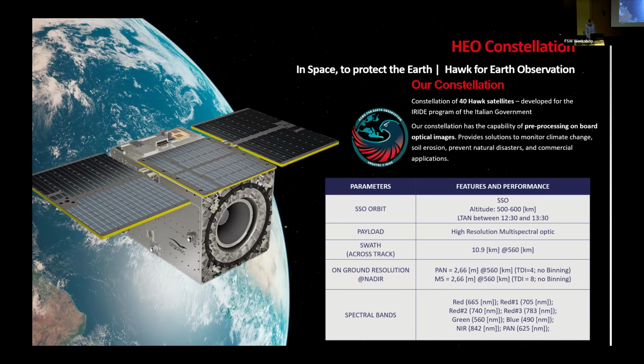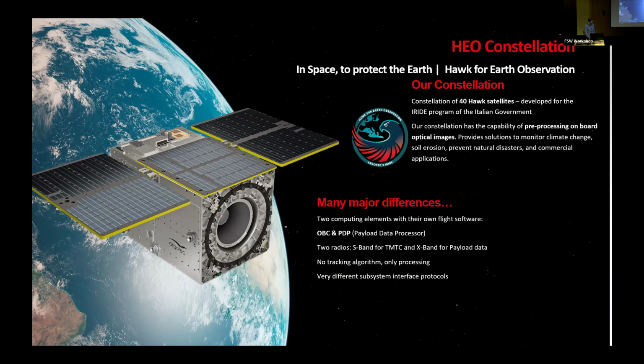This satellite, while it has the same platform name in it, is very different. Unlike LichoCube and Argomon, it has two computing elements. It still has the UBC, but it also has a payload processor for image processing. It has two radios, one for telemetry and telecommand, one for payload data.